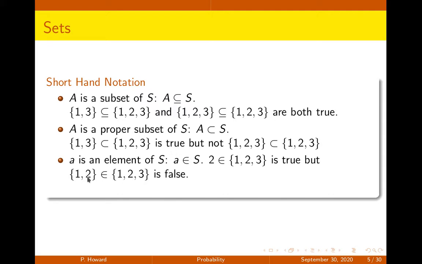But the set whose elements are 1 and 2 is not an element of the set whose elements are 1, 2, and 3. Right? The only objects that are elements of this set are the numbers 1, 2, and 3.